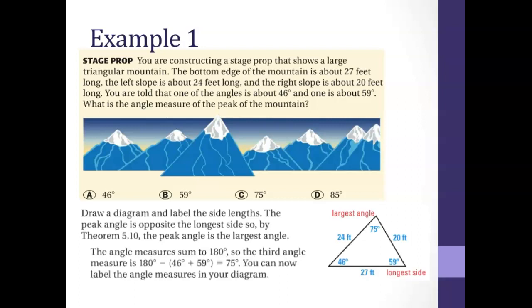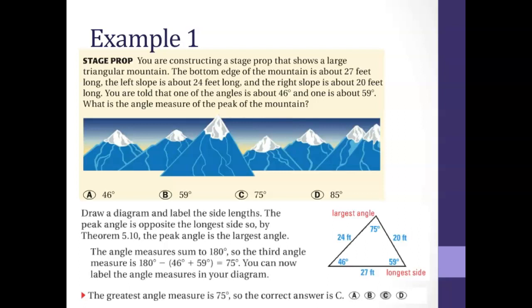Since the largest angle should be opposite the longest side, and the longest side is 27, the largest angle, 75 degrees, must be the one across from the 27-foot side, which means the angle of the peak is 75 degrees. So the correct answer would be C, 75 degrees.